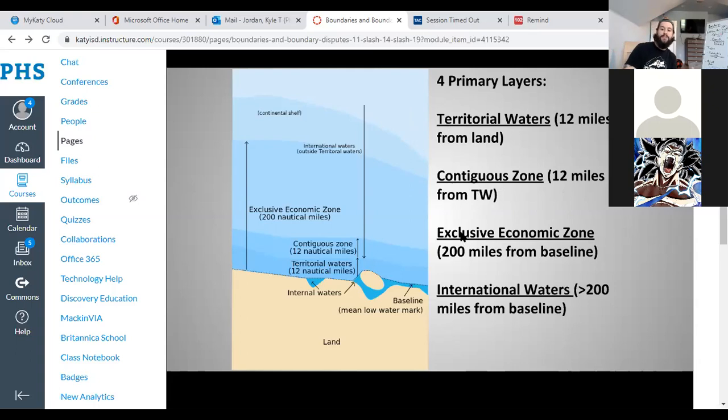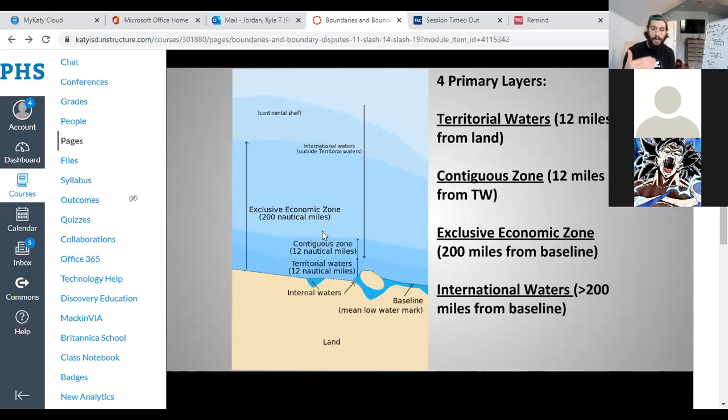All right. Exclusive economic zone. That's 200 miles from the shore, from that baseline. So really, the exclusive economic zone is only 176 miles out from the contiguous zone.